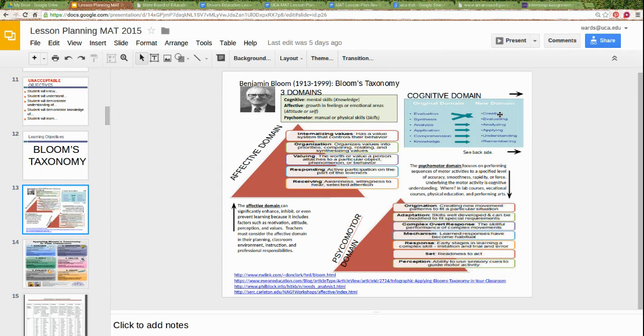And so you want to know the new domain and use the new domain words, and watch out for websites that might be using the original domain, and make sure that you update them, because people now are really using this terminology instead of the old terminology.